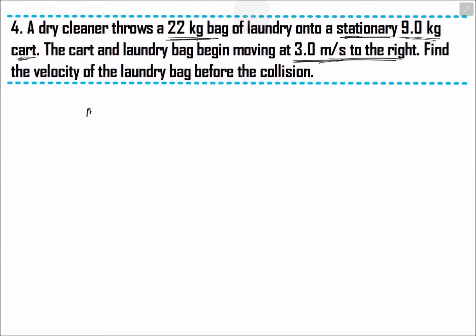So the formula is m1 times v1 initial plus m2 times v2 initial is equal to v final times m1 plus m2. So m1 is the 22 kg mass of the laundry bag, and what is the initial velocity?